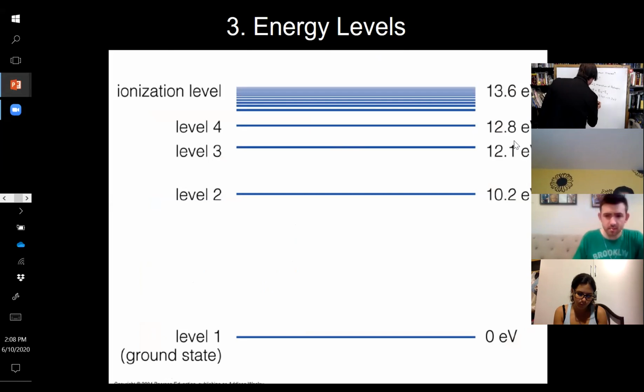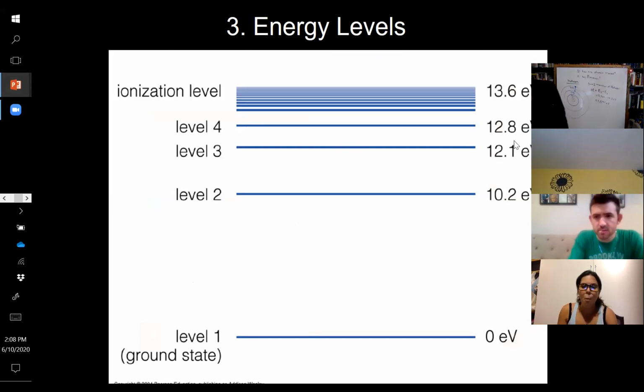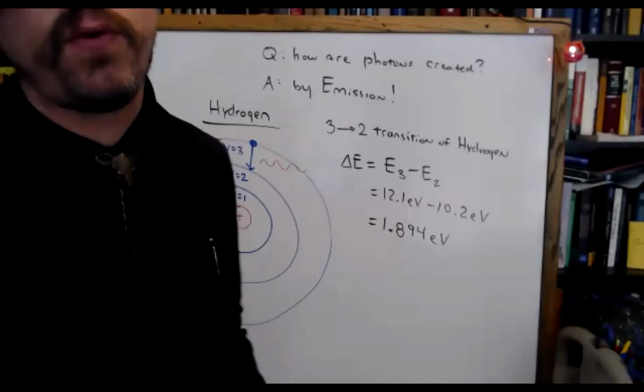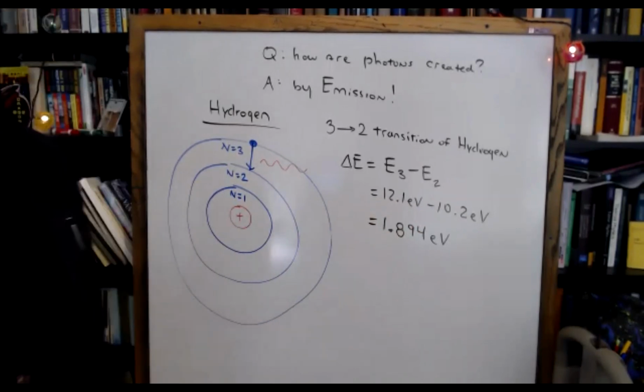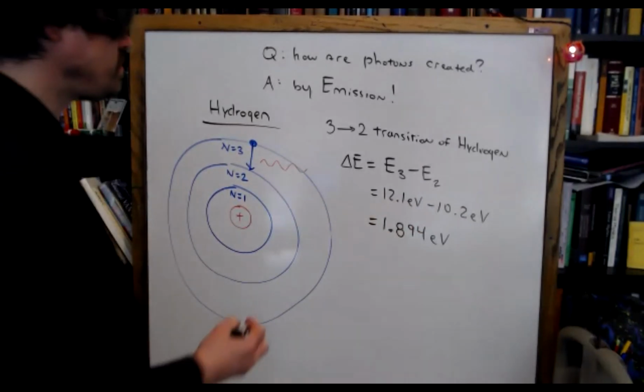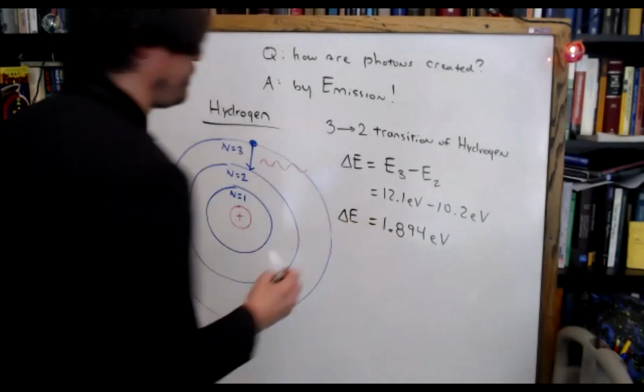Although for today's answer, I need a little bit more precision. So I'm going to give it 1.894. I added the extra sig fig manually. Sorry about that. And this energy is going to be the energy of the photon that's released.